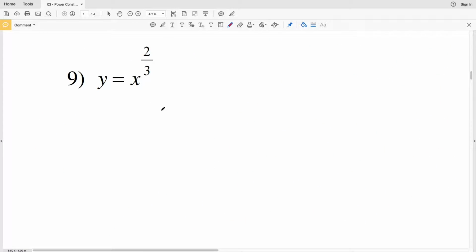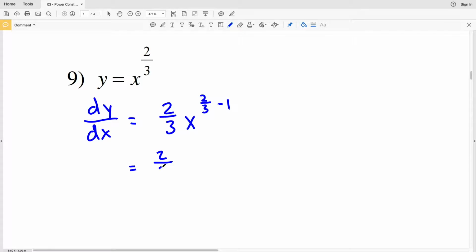In number 9, y equals x to the 2/3. So using that power rule, dy dx will equal 2/3, that's n, times x to the n minus 1, or 2/3 minus 1, because 2/3 is equal to n for number 9. So that's going to be 2/3 times x to the 2/3 minus 1, which I can write as subtracting 3/3.